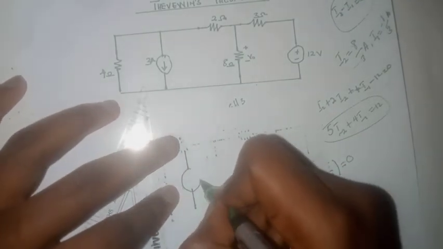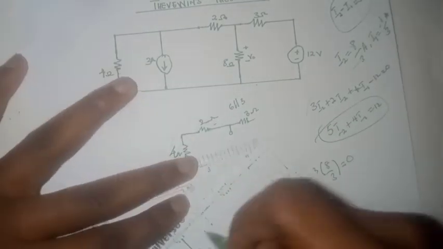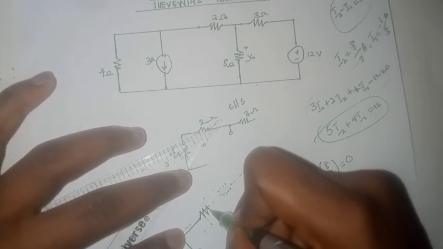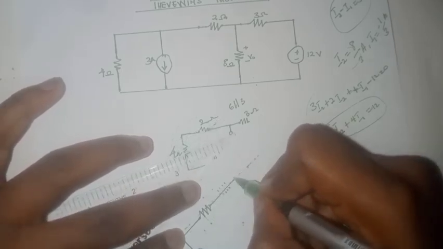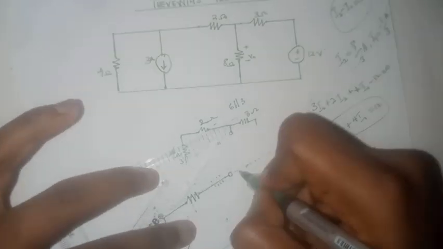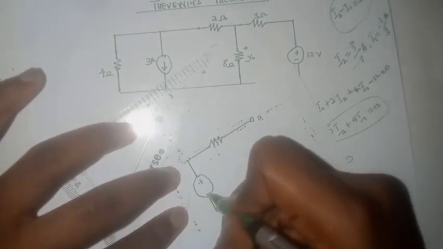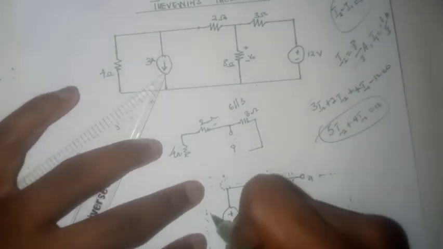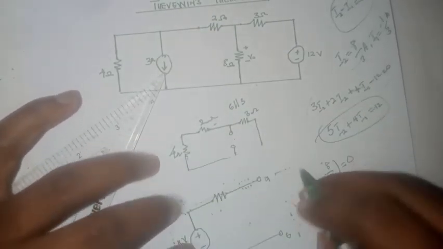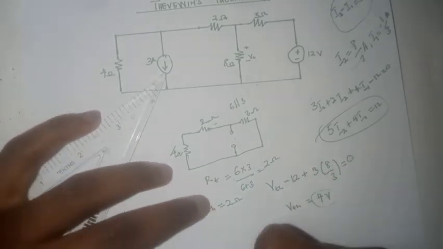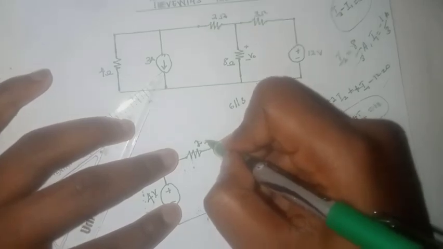So we have a voltage source in series with a resistor, and a port A, a port B. Then we have plus minus. VTH is 4 volts. Then RTH is 2 ohms.